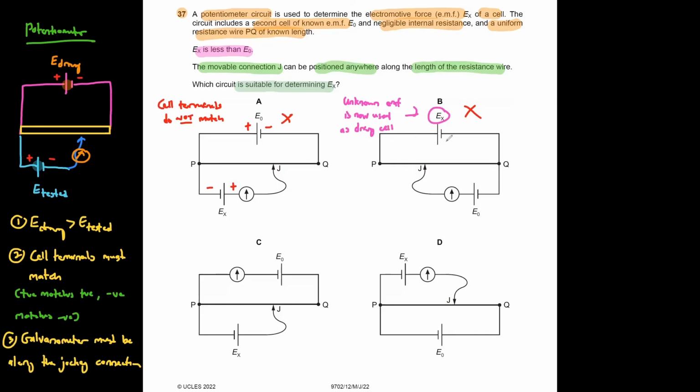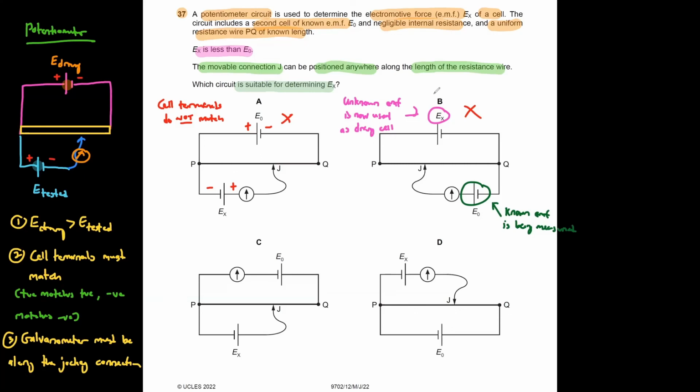It should be a known EMF that is used as a driving cell. And then you can see over here, your known EMF is being measured. So they got the EMFs the other way around. It should be switched so that your potentiometer can work properly.